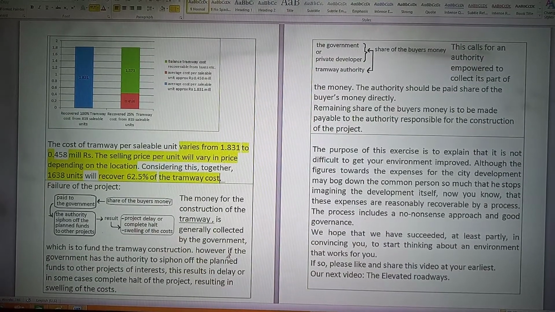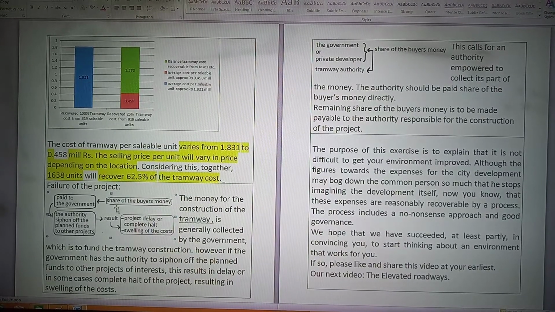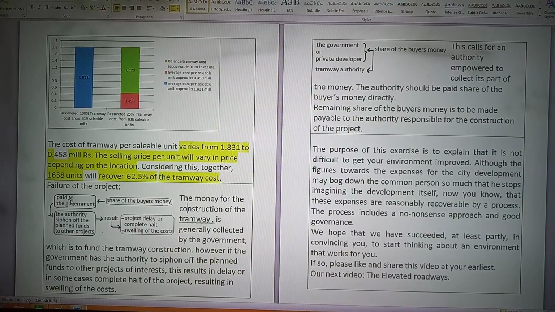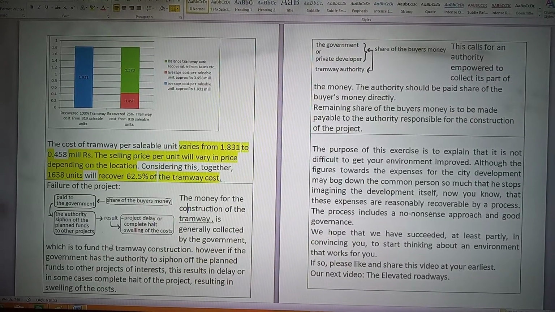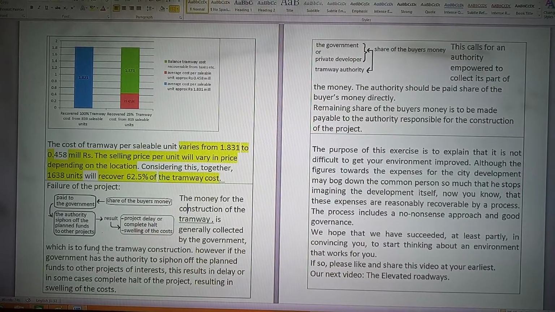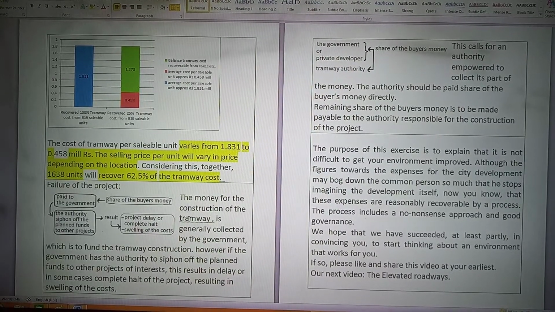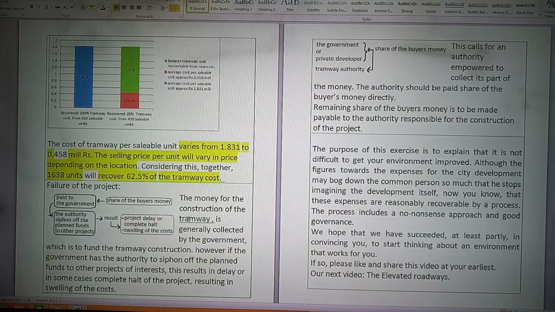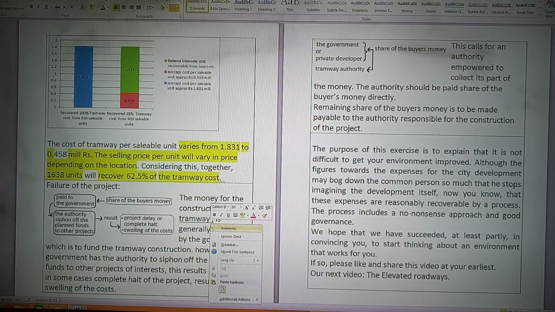We are also considering the failure of the project. Generally, such projects fail where the buyer pays his money directly to the government, and where the government authorities have power to siphon off the planned funds to other projects. Now, this is a major hurdle in any project. The authorities are given power to siphon off the funds because they decide the priority.